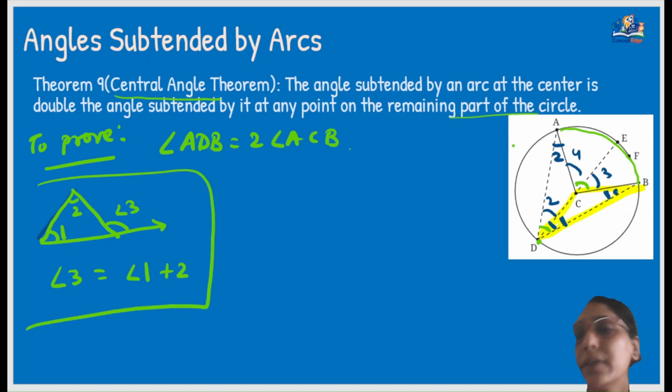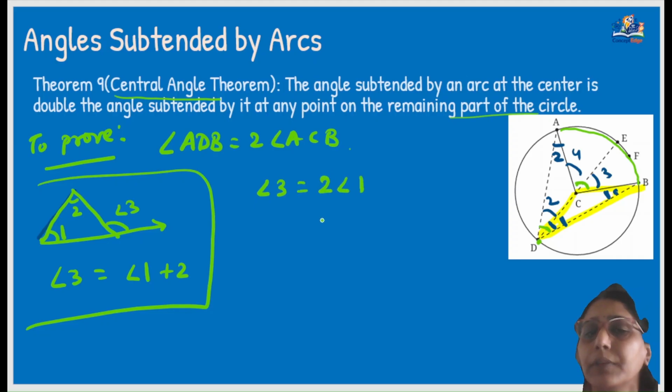Now using this result, in triangle DCB, I can say that this angle 3 equals 1 plus 1, which is twice angle 1. Same way, if I consider the other triangle, this triangle, and this is the exterior angle, applying the same property I can say that angle 4 equals twice angle 2.